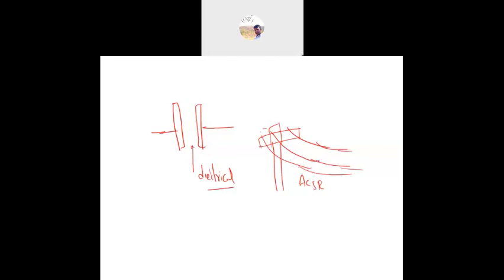Here also capacitance takes place, and the air acts as a dielectric medium. So this is one type of capacitance.